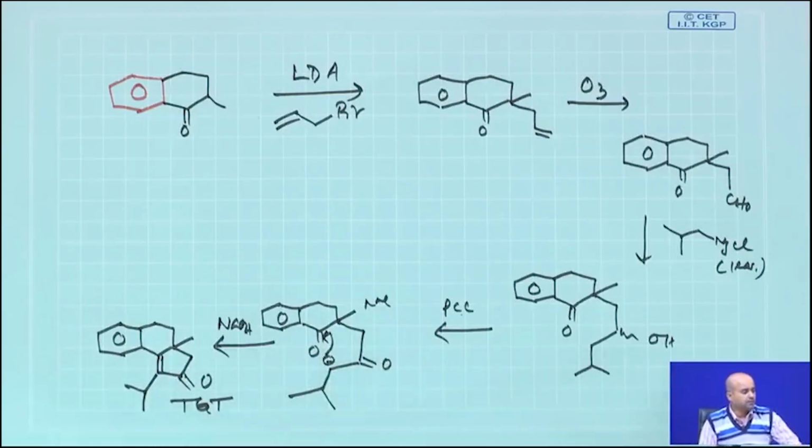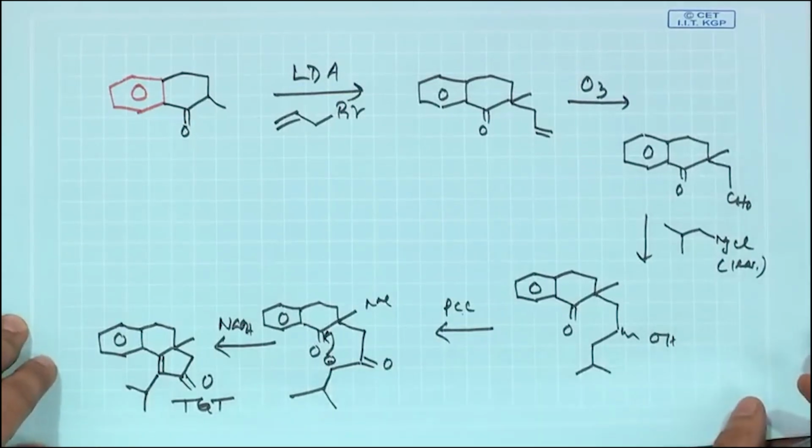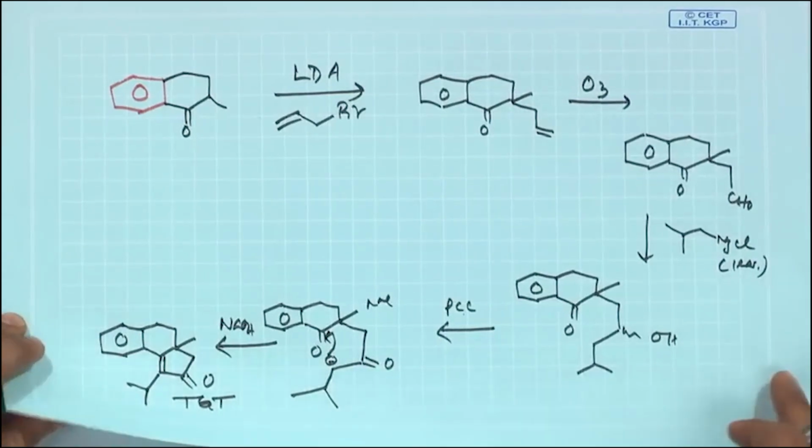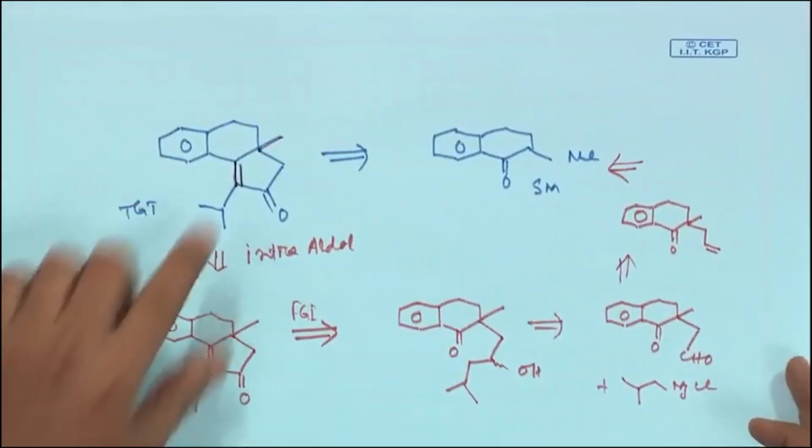So, a simple starting material can be efficiently used, and then you can get access to a complex tricyclic molecule. The initial target molecule is a complex tricyclic molecule.